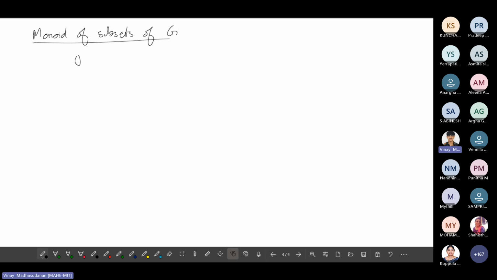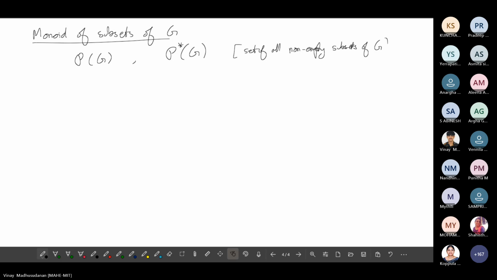So suppose you take the power set of G and also the set of all non-empty subsets of G. This is the set of all non-empty subsets of G. This is the usual power set. Power set is the set of all subsets.